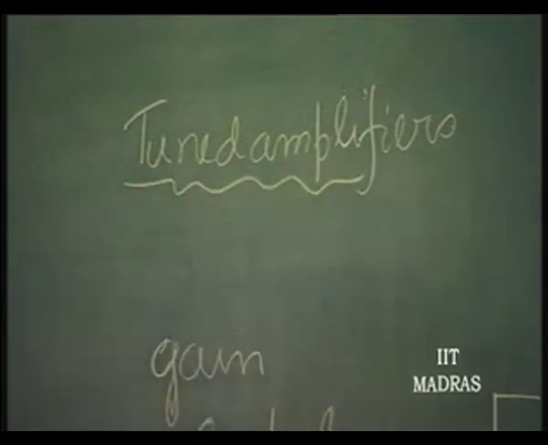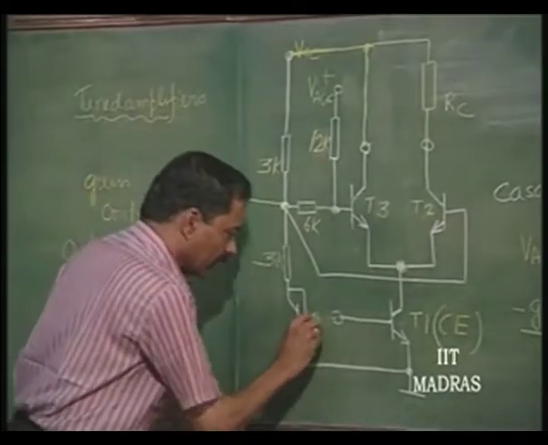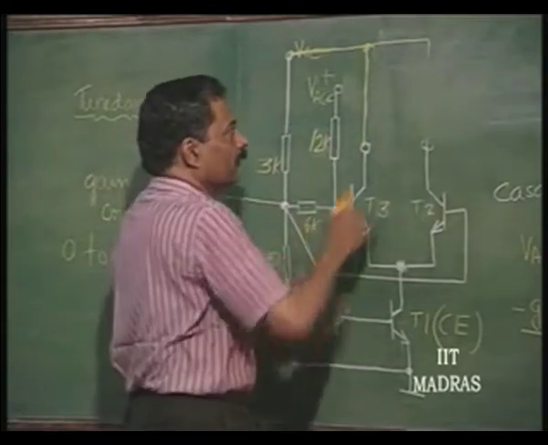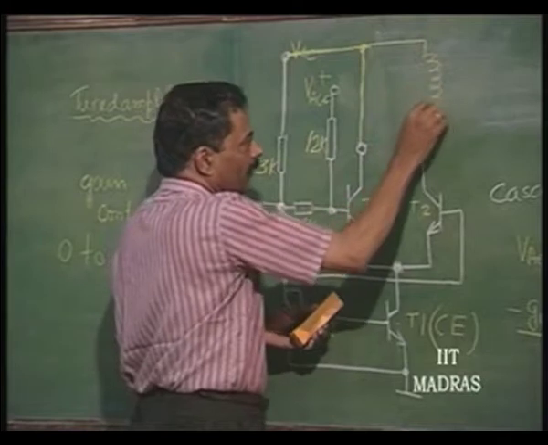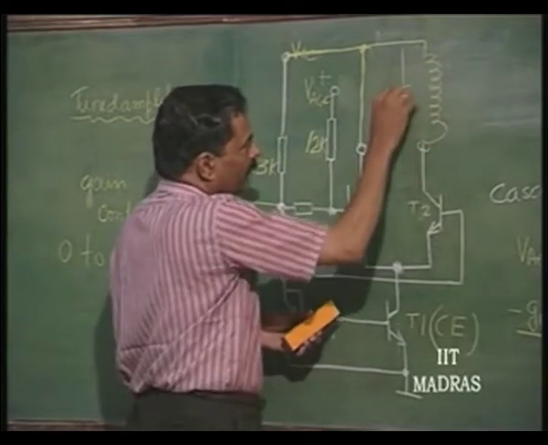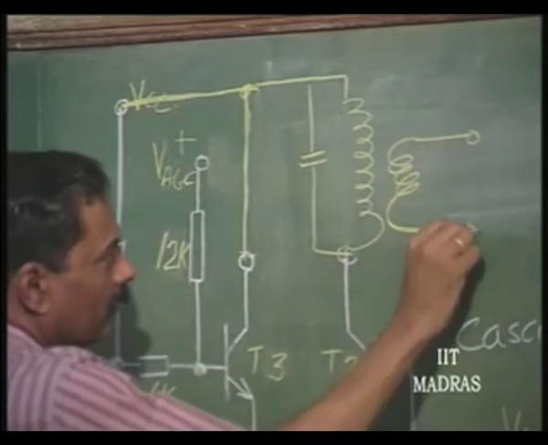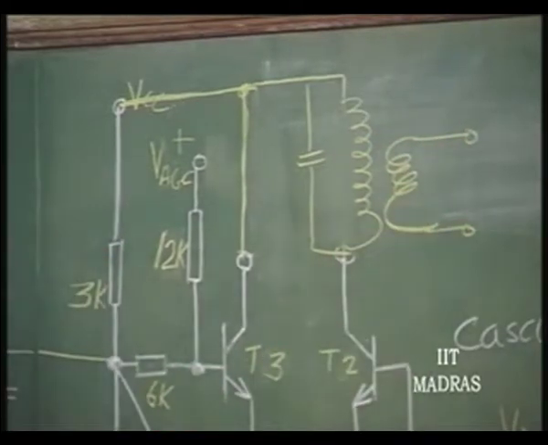Where it may be coupled by means of an IF transformer at the input, and a tuned circuit may be put at the output, which may be an IF transformer to the next stage.